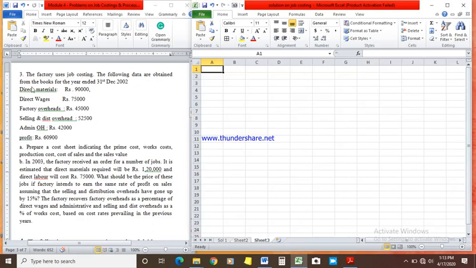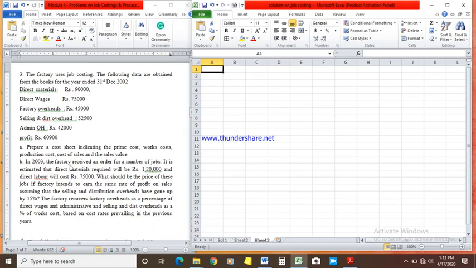The following data are obtained from the books for the year ended 31st December 2002. Direct material 90,000, direct wages 75,000, factory overheads 45,000, selling and distribution overheads 52,500, administrative overhead 42,000, profit 60,900. Prepare a cost sheet indicating the prime cost, works cost, production cost, cost of sales, and the sales value.